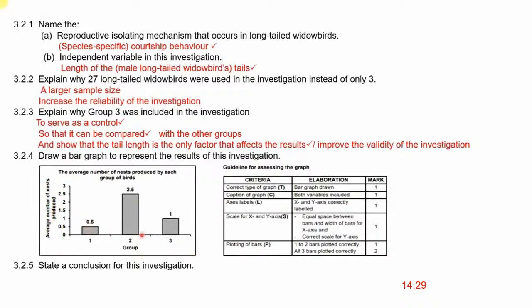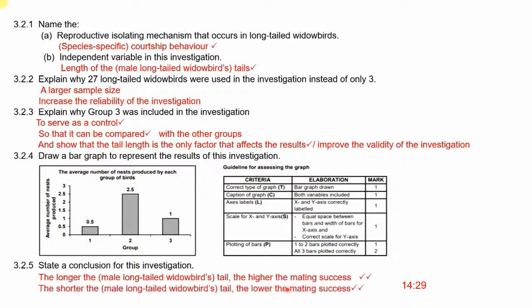The bars must be evenly spaced and they must also have even width. So when we look at our x-axis, for the scale, we look at the width and the spaces between the bars. For the y-axis, we looked at 0.5, 1, 1.5. Right. And so the conclusion would be the lower the mating success.